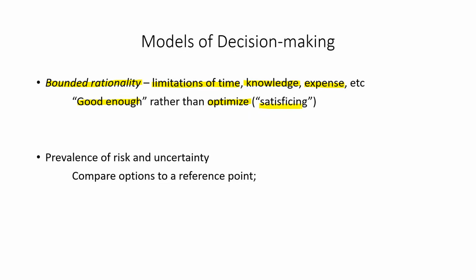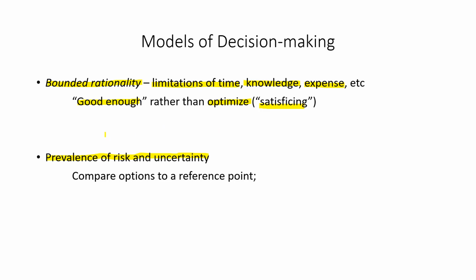And this was termed as satisficing, which might be a combination between the words satisfy and suffice. Didn't really catch on, but the concept really goes a long way to explain how it might really work in the real world. And then with the rise of behavioral economics, we have even more understanding of what influences our decision making.